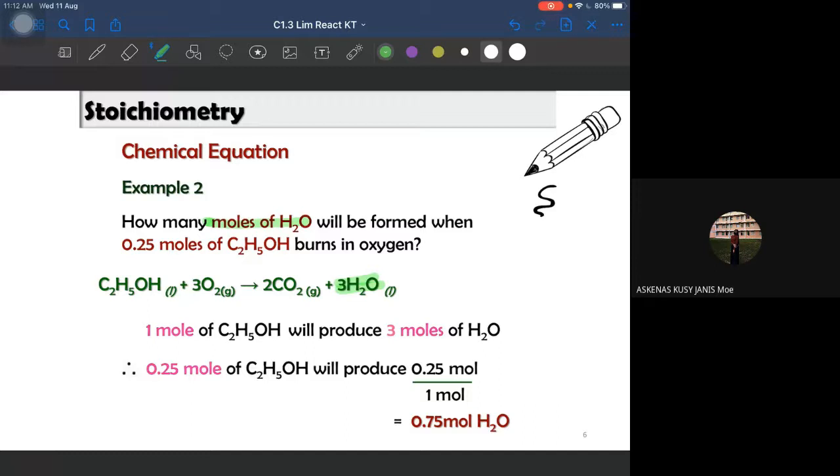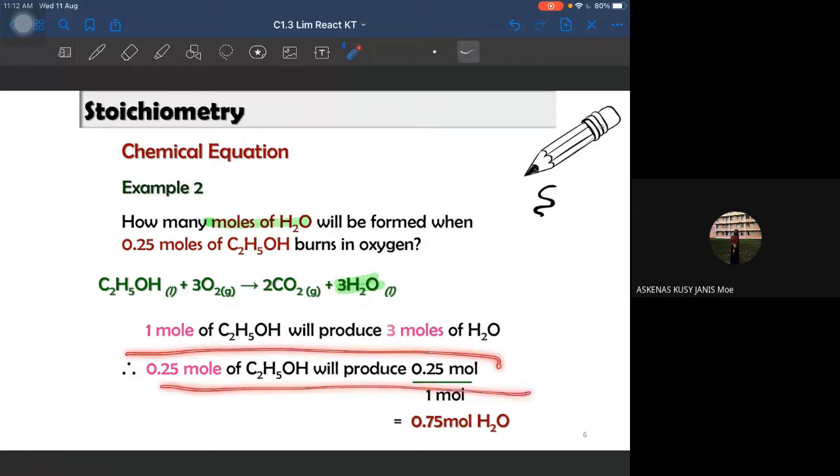Okay, so kalau tadi kita compare reactant dengan reactant, for this question kita nak compare reactant menghasilkan berapa banyak produk yang kita nak cari. Okay, so kamu boleh tulis 1 mole of C2H5OH will produce, ataupun terus tulis 3 garis ni, will produce 3 mole of H2O. So ini adalah from the balance equation. Okay, and then ayat yang kedua yang kita compare ni adalah from the information daripada soalan.